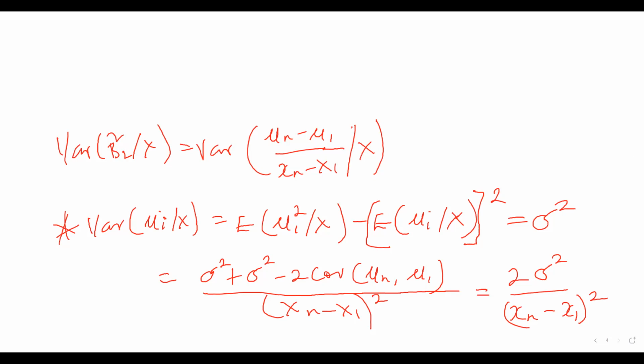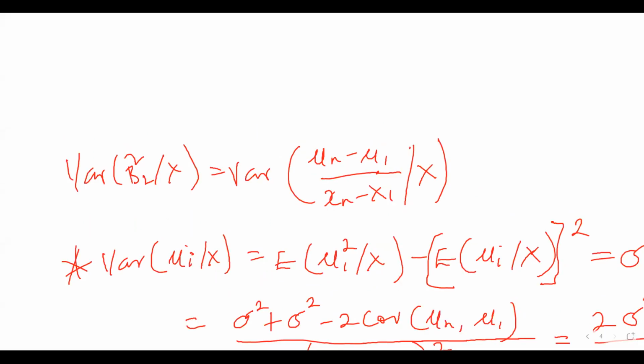Now let's check the other question. The last question says prove that the OLS beta is more efficient. That means it has lower variance than beta 2 tilde.